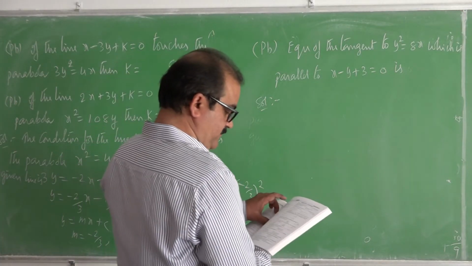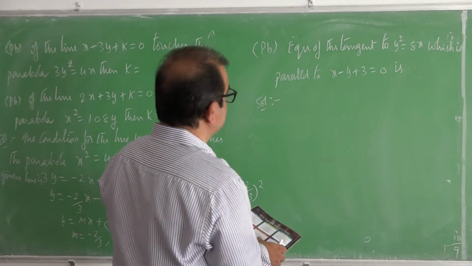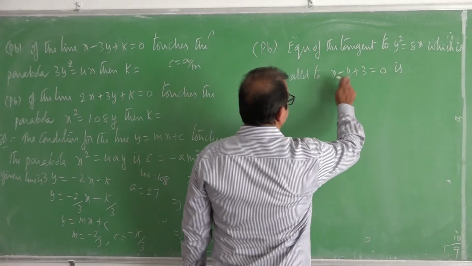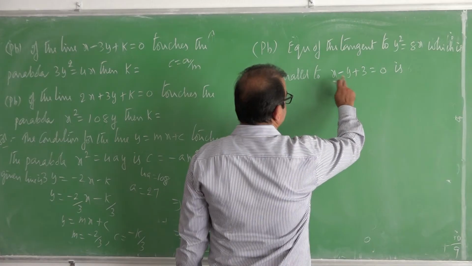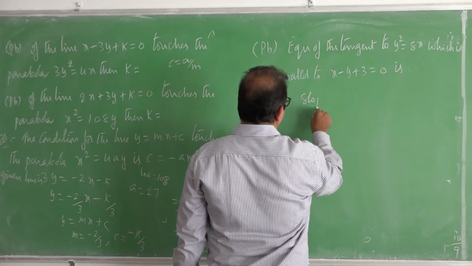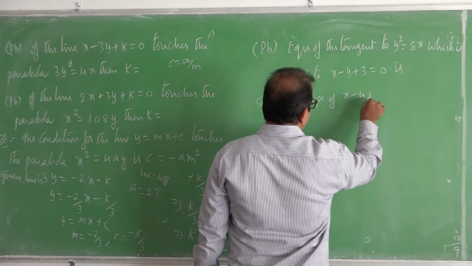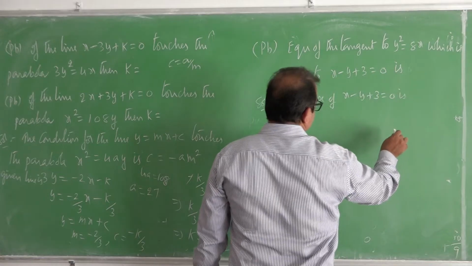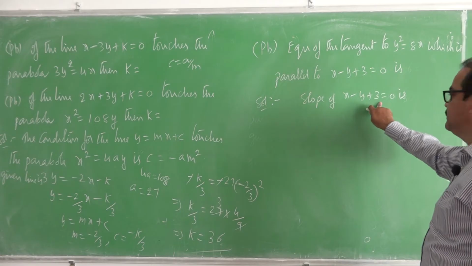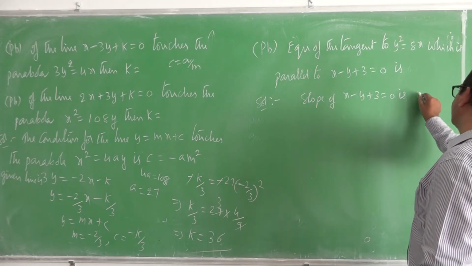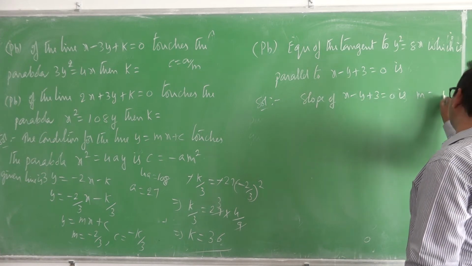Equation of tangent to the parabola y square is equal to 4ax, which is parallel to this. So what is the slope of this line? The slope of any line ax plus by plus c is equal to 0 is minus a by b. m is equal to minus 1 by minus 1, that is 1.